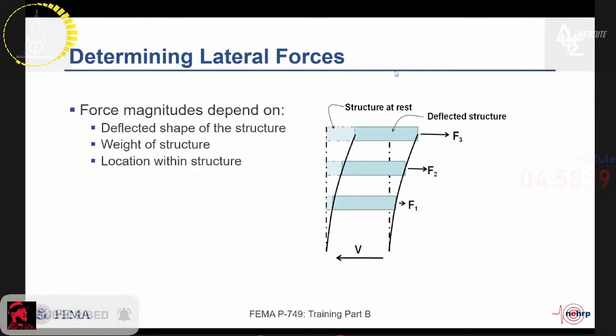This structure here, shown in first mode vibration, obviously has more displacement as you go up in height. The result of that greater displacement is that the acceleration in upper levels of the building will be greater than at lower levels, and therefore the forces experienced by the structure will be higher at upper levels than in lower levels of the building.